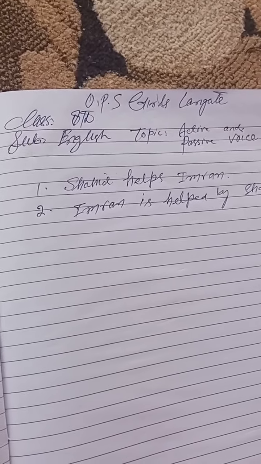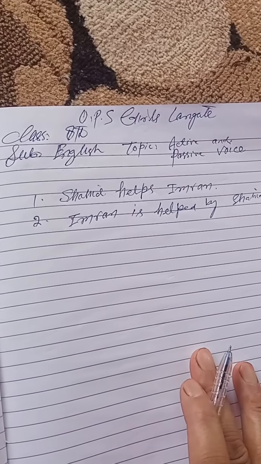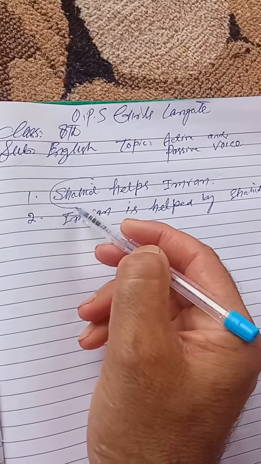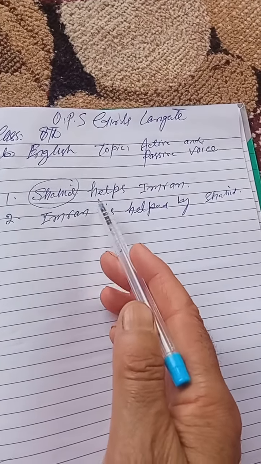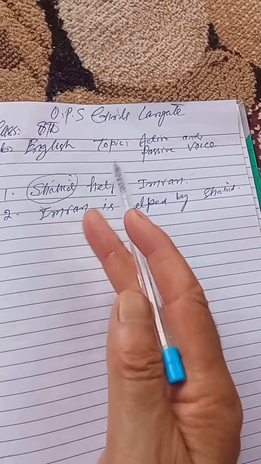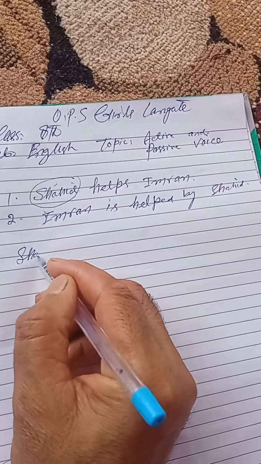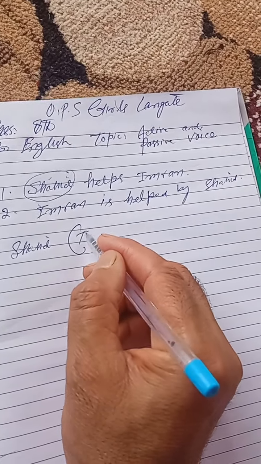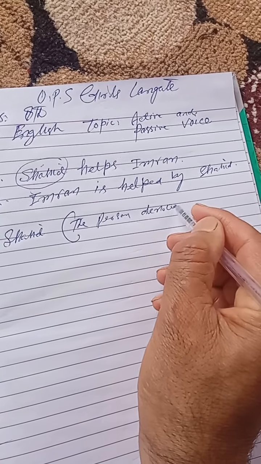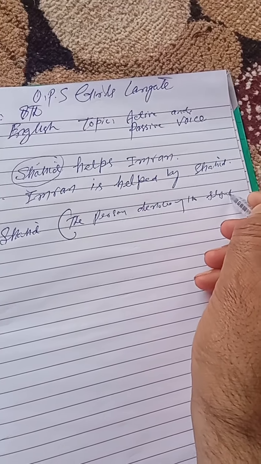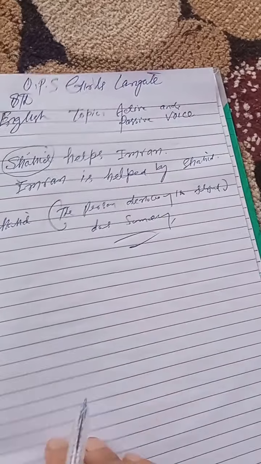But in the first sentence, the form of the verb shows that the person denoted by the subject, that is Shahid, does something. What does he do? He helps Imran.